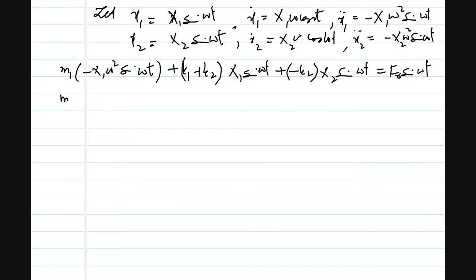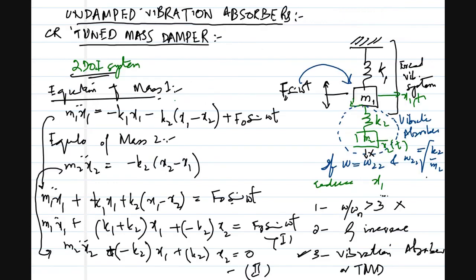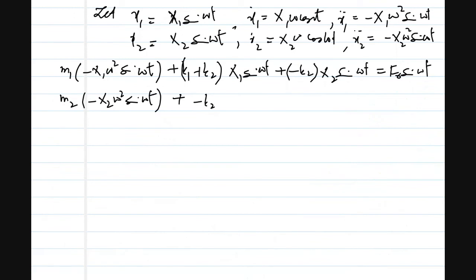And the second equation is M2 into minus X2 omega square sine omega t, plus, in fact, minus K2 times X1 sine omega t plus K2 times X2 sine omega t equals 0. So these are the two equations.